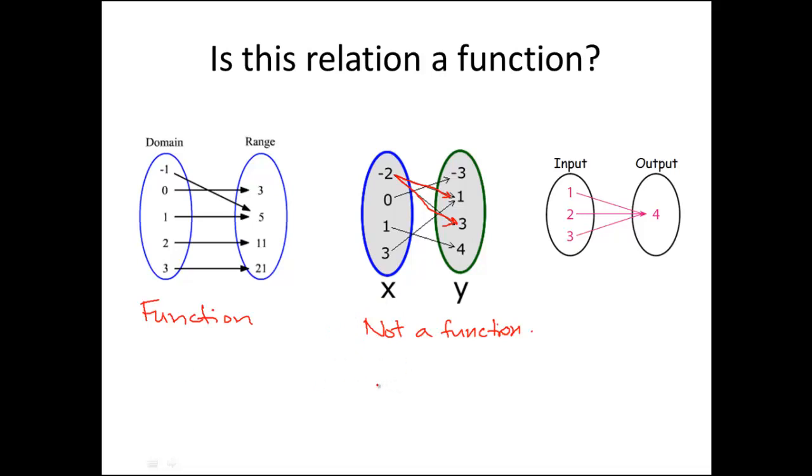Not functions are relations as well. It's important that we say this is not a function. You're either a function or not a function. This is one of my favorite examples. Looks like everything is paired with 4 here. But remember, we don't care how many arrows are coming into this output. I'm just counting the arrows coming off of the inputs. 1, 1, 1. That's a function.